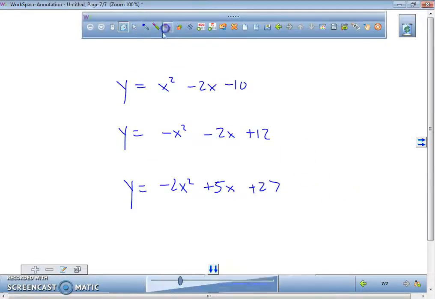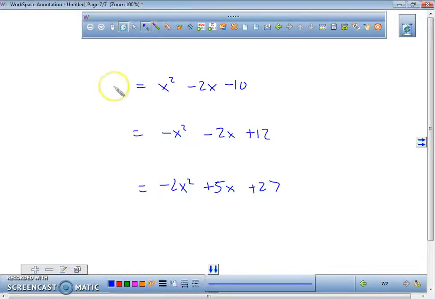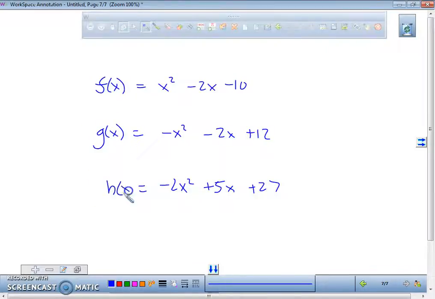However, if I erase y equals and y equals and y equals, I could call this one f of x, this one g of x, and this one h of x. Without me having to say the whole function, I could say, Andrew, look at h of x, without having to say, Andrew, look at y equals negative 2x squared plus 5x plus 27.